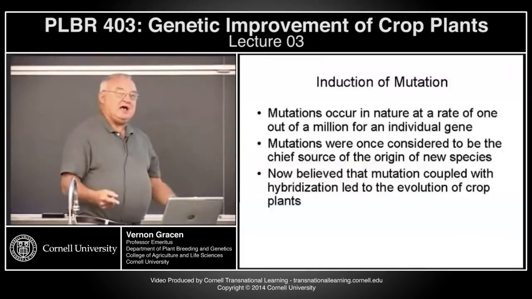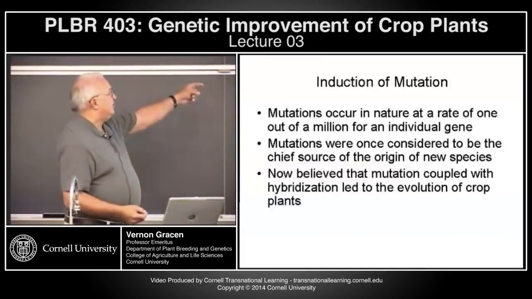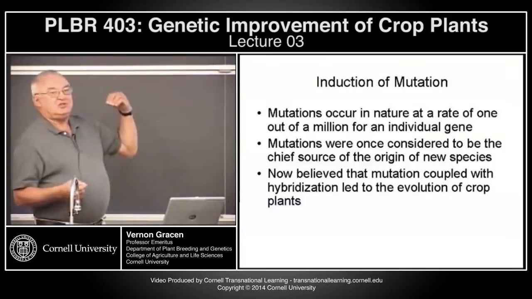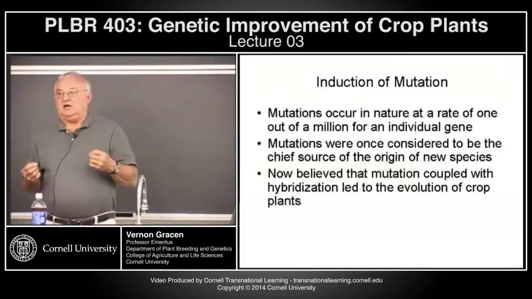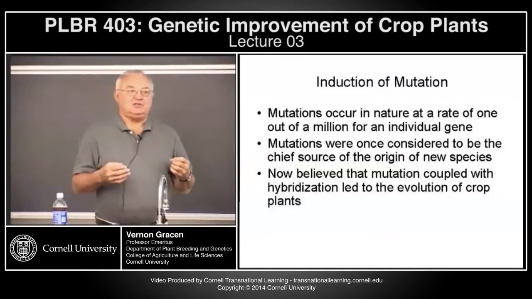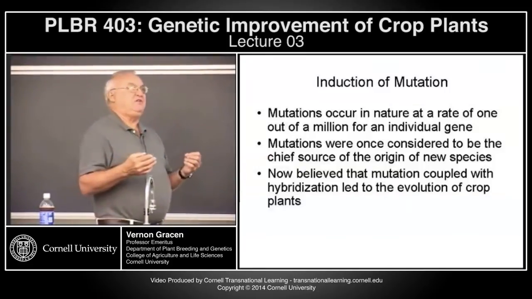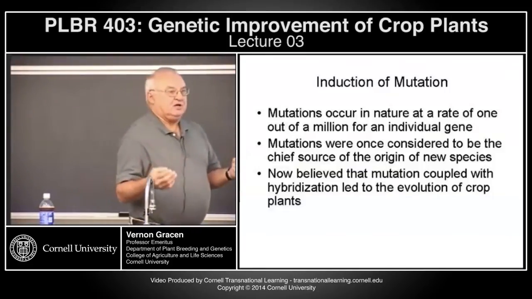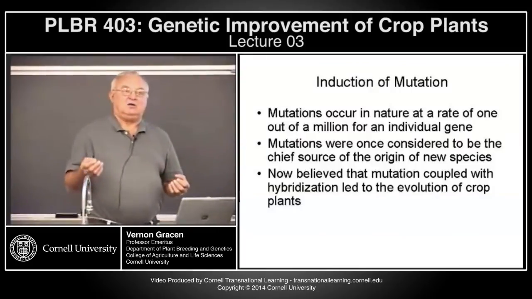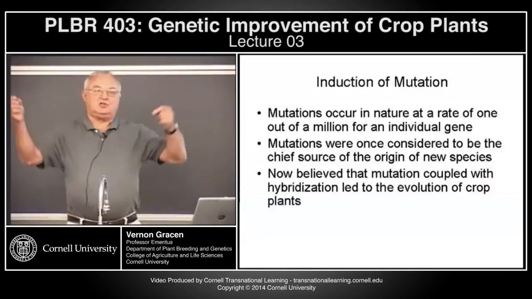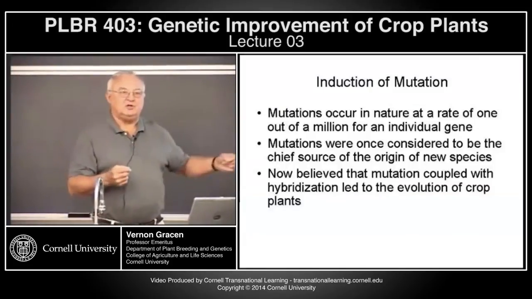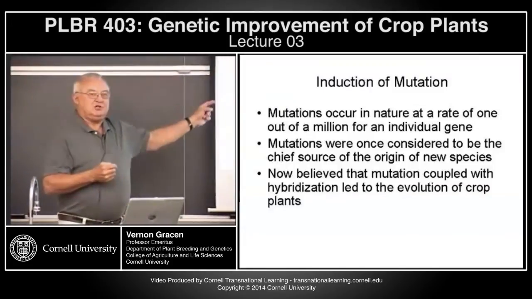At one time, mutations were considered to be the chief source of the origin of new species. And so back in the 30s and 40s and into the 50s, plant breeders decided, wow, all of this variation that occurred and was selected during crop domestication, most of it came from mutation.